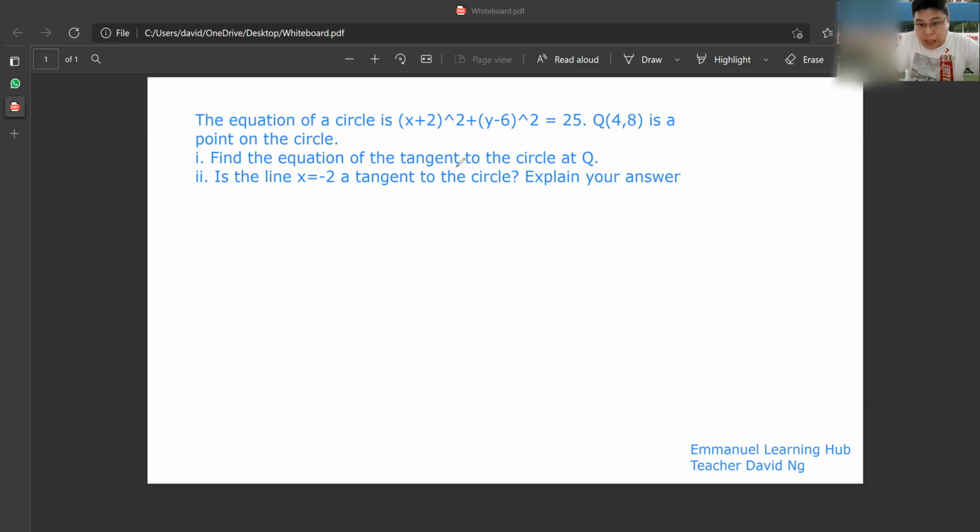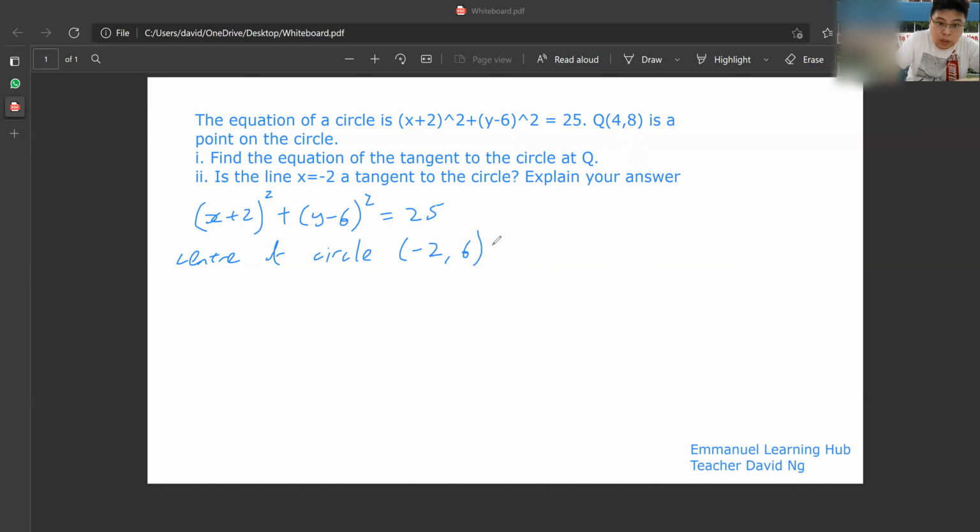Find the equation of the tangent to the circle at Q. Because I have the equation of the circle, the center of the circle and my radius is 5.